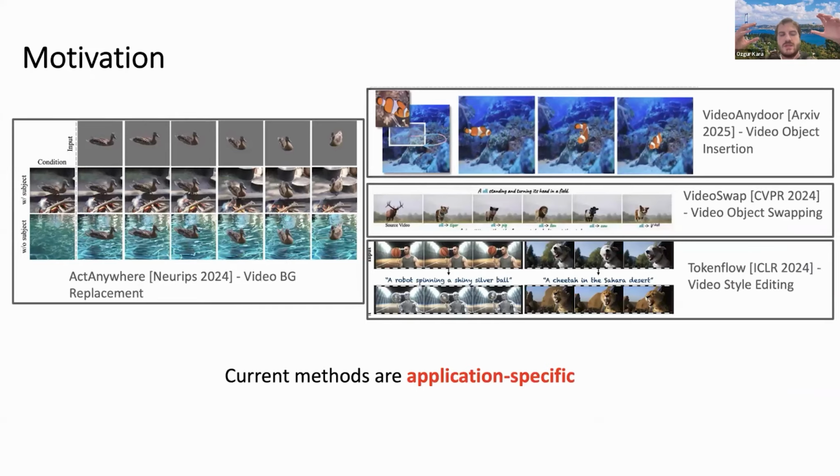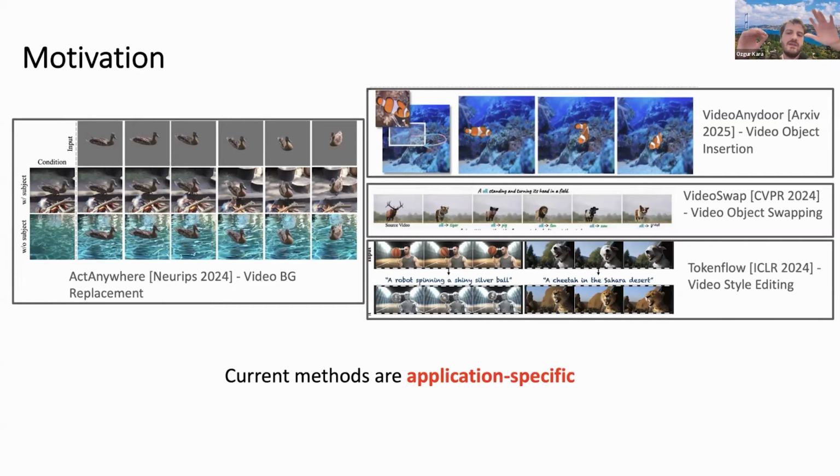So let's come into the specific problem of our work. There have been attempts to solve pieces of this puzzle, I could say. There is a work called Act Anywhere, which does a great job at video background replacement. You can take a subject and place them in a field or desert. However, there are also models like Video Annotated, which allows you to do some object insertion into videos, or Video Swap paper from CVPR 2024, which is able to perform some video object swapping, or Token Flow, where you can do some text-guided video editing.